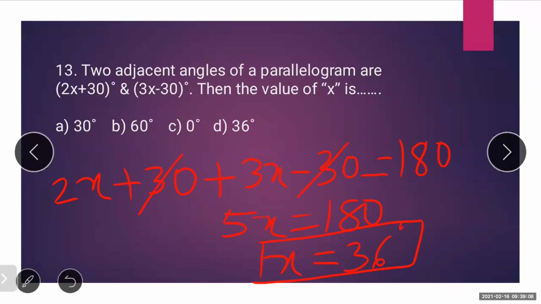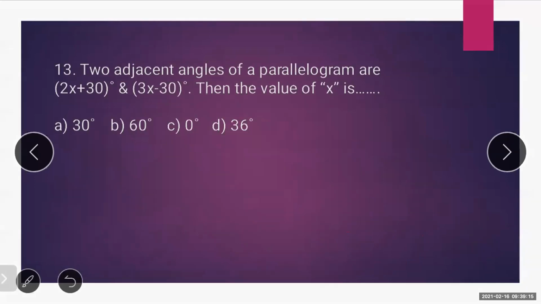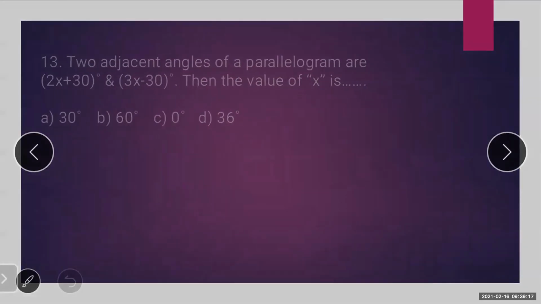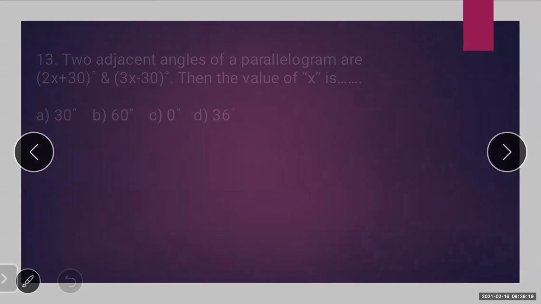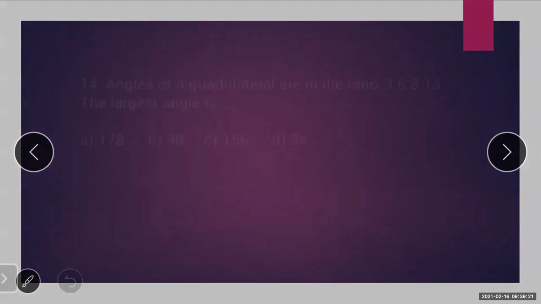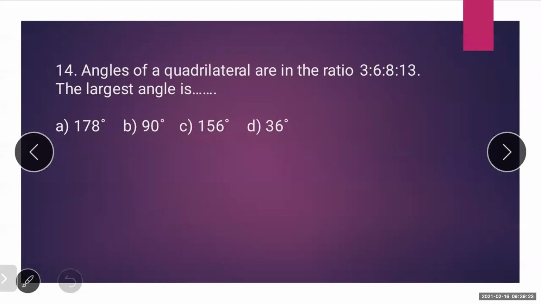So the option is B. Same property, but in a different way they can ask. Previously they asked two consecutive angles, but here they have directly used the word adjacent angles. Okay, now next question.